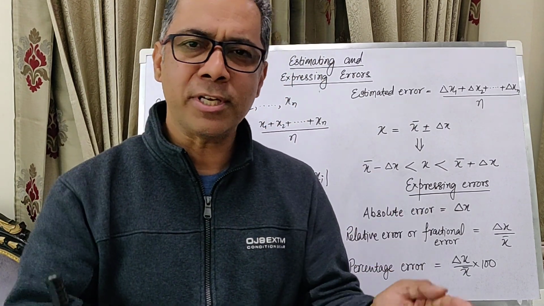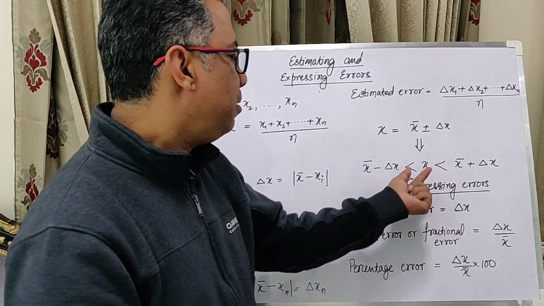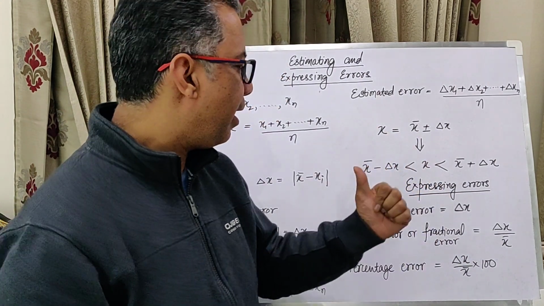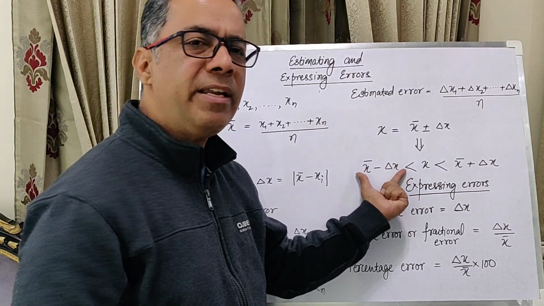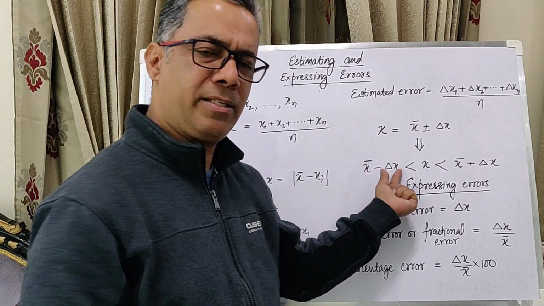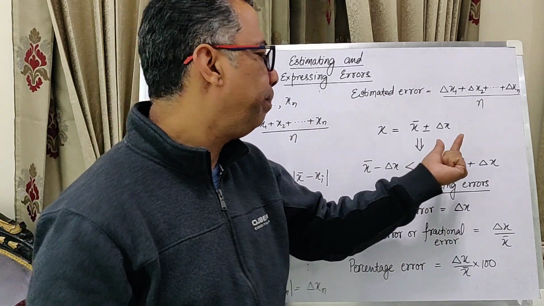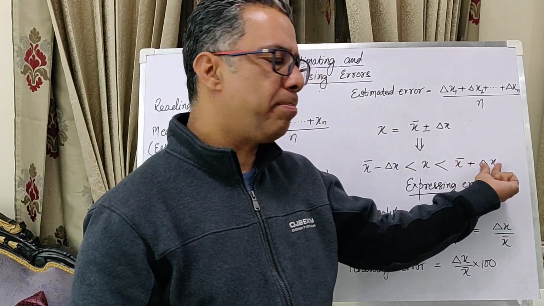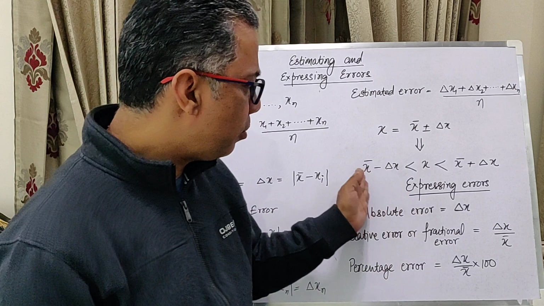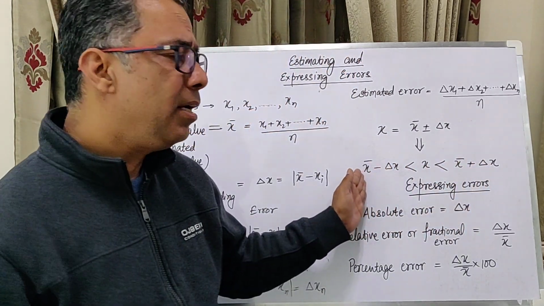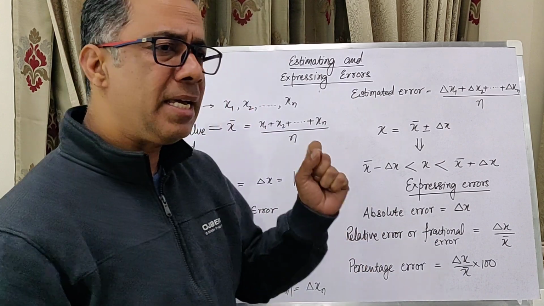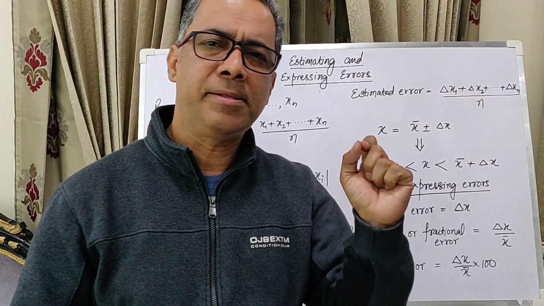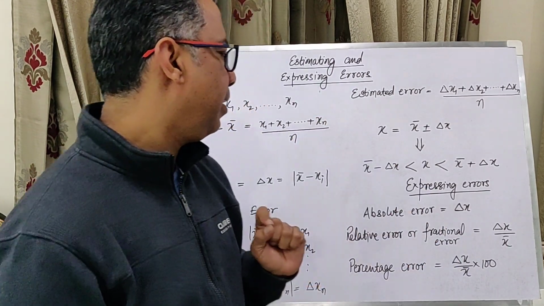We can only report a certain range. The measured value, we say, lies in this range, and that it is going to be definitely greater than x bar minus delta x, and it will be less than x bar plus delta x. So x lies in this range, and that's all we report. We do not say that x has this specific value.